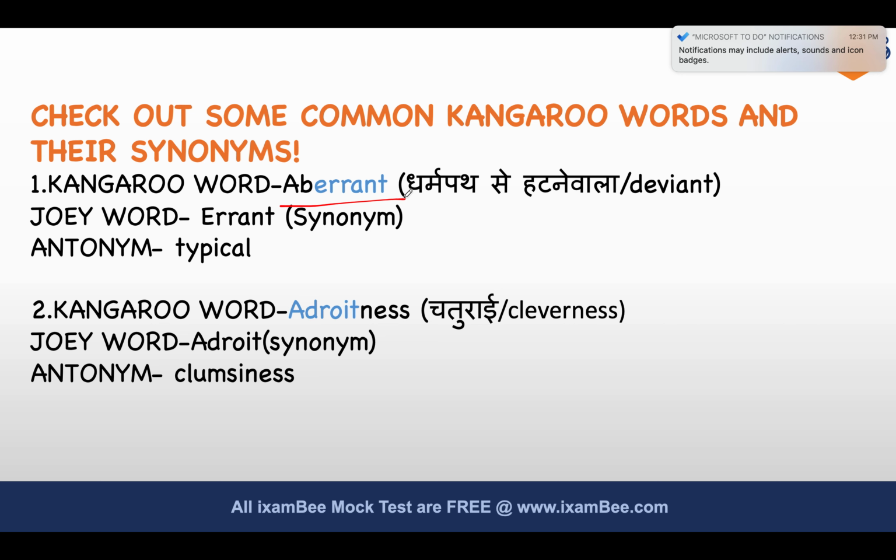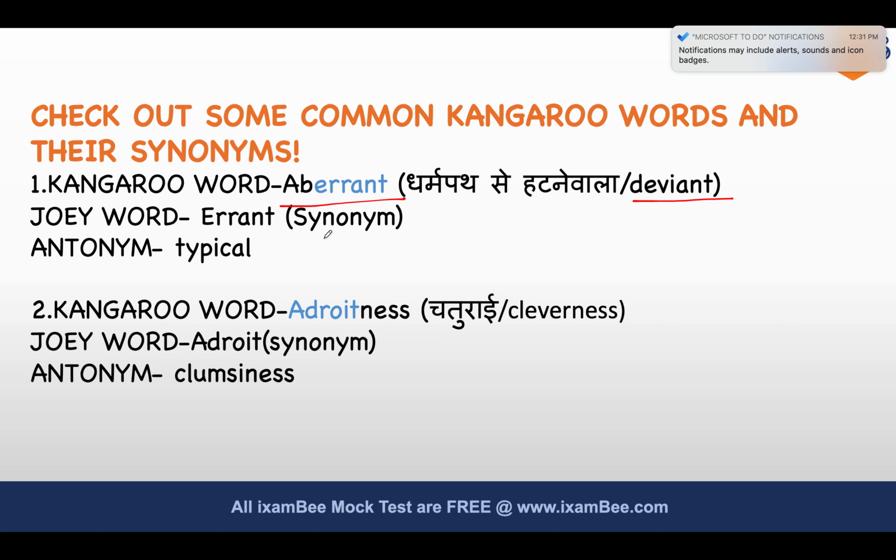Aberrant. The word aberrant means to be deviant. The word deviant means moving away from the right path. Okay? So when you are moving away from the correct path, you will be called aberrant.